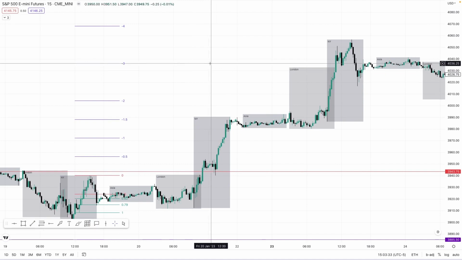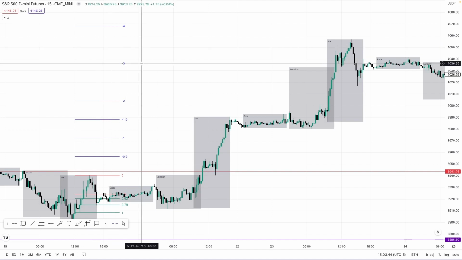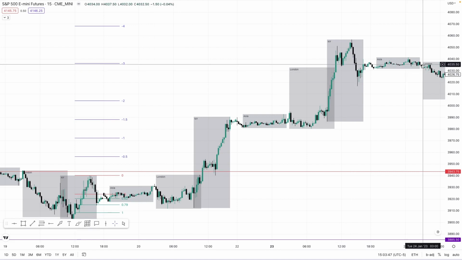And what do we get? We get just about to halfway. Okay, so 3.5. This would be the midpoint of here. And then price comes back down to 3 and then consolidates right along here.